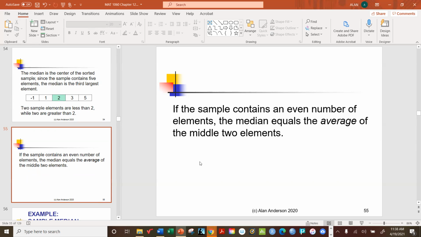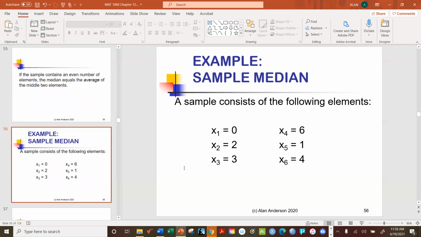So for example, let's look at another sample that has 6 elements instead of 5. All right, so here they are. Again, they could be temperatures in Celsius in January. Let's just say that that's what they are. So there's 6 this time. Now, what do we do first? Whenever we calculate a median, the first step is always to sort the data from low to high.